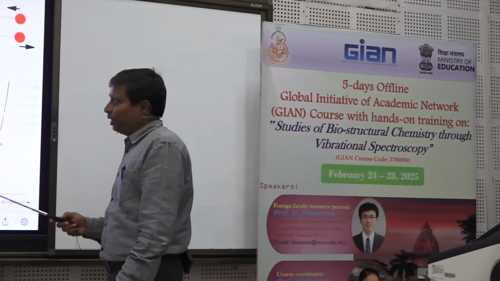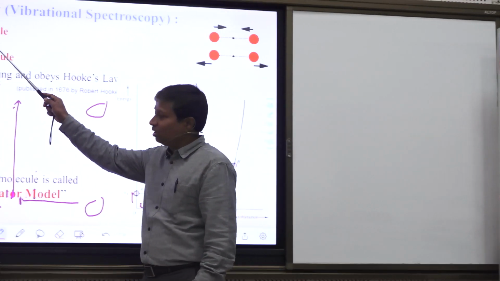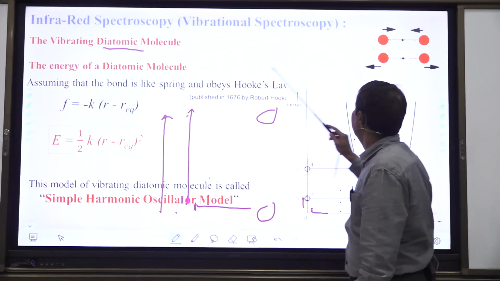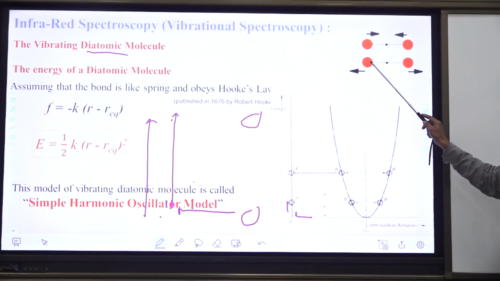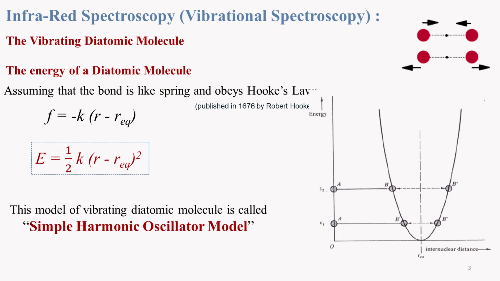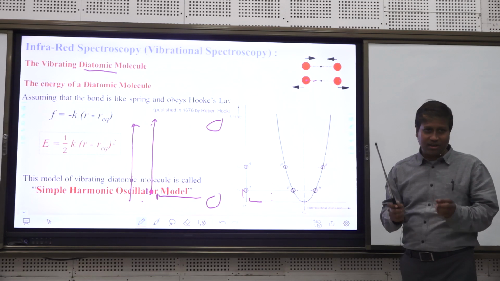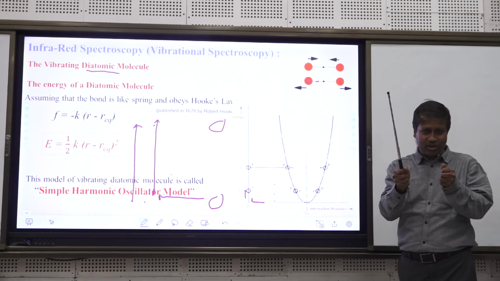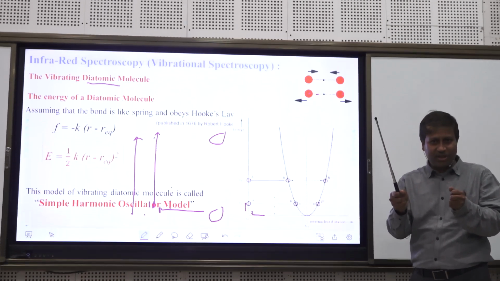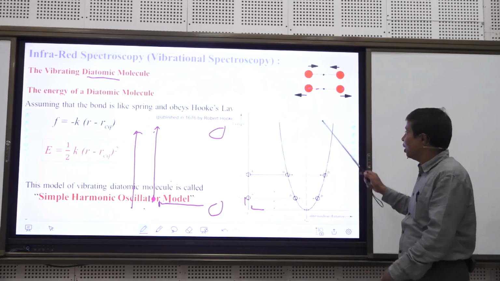To start with, we usually start with the simplest molecule, and that is the diatomic molecule. That means you have two atoms, and these two atoms are vibrating along a mean position. This is the stable position, and the distance between the two atoms is known as the equilibrium distance, that is the bond distance.